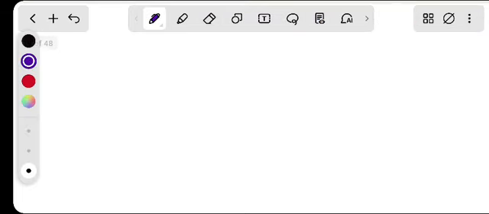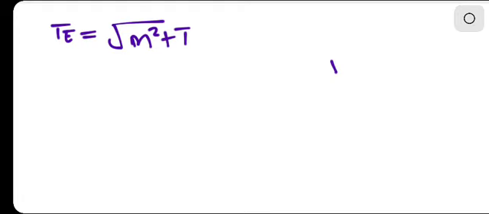Now, since we know our values, T E is equal to the square root of M squared, which is the maximum bending moment, plus the maximum torque squared.